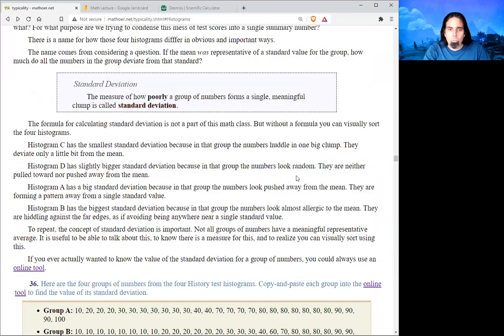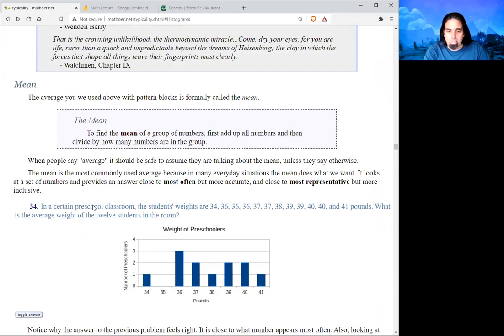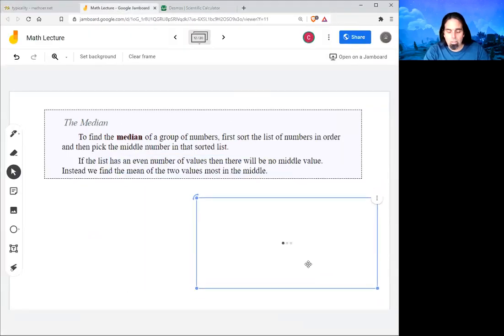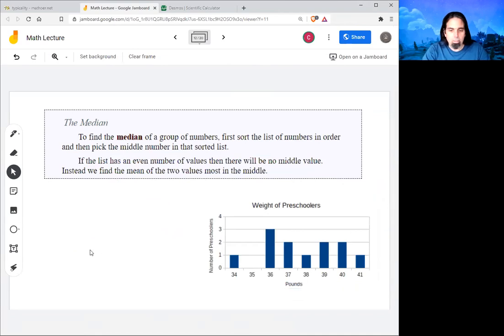If we try and do what we did before and take our preschooler chart, then this is going to be terrible. We're going to say that there's a 1 and a 2. 2 things weigh 1 pound. 1 thing weighs 2 pounds.